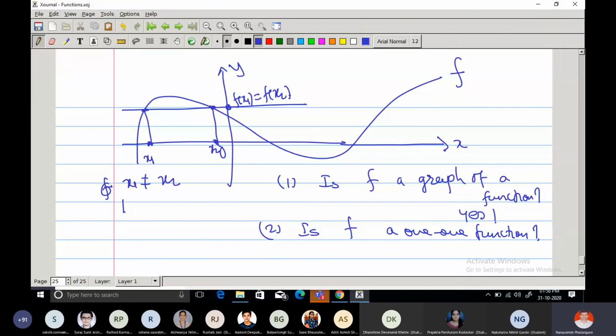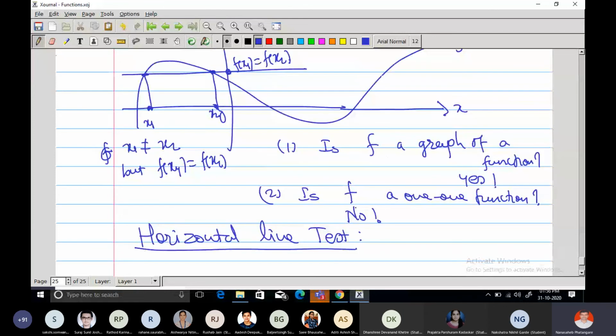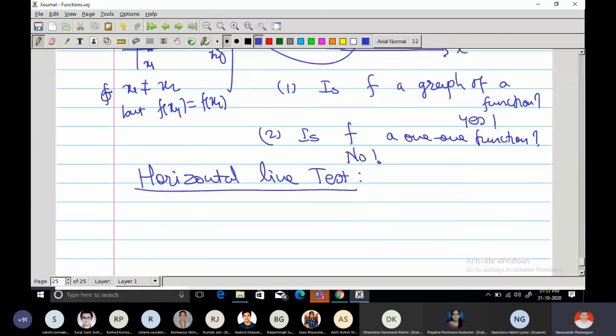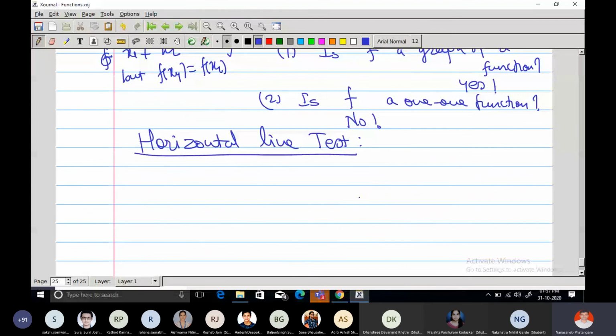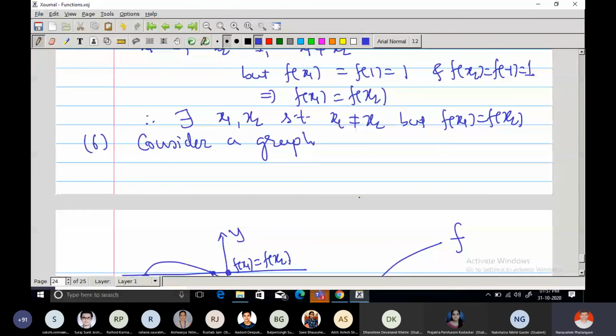So this is called the horizontal line test. So what is the horizontal line test? Draw a horizontal line, and if that line intersects at two distinct points, if at all such a line exists, then the function is not 1-1, right? So this is a simple criterion, and from the graph itself you can easily recognize whether it is 1-1 or not.